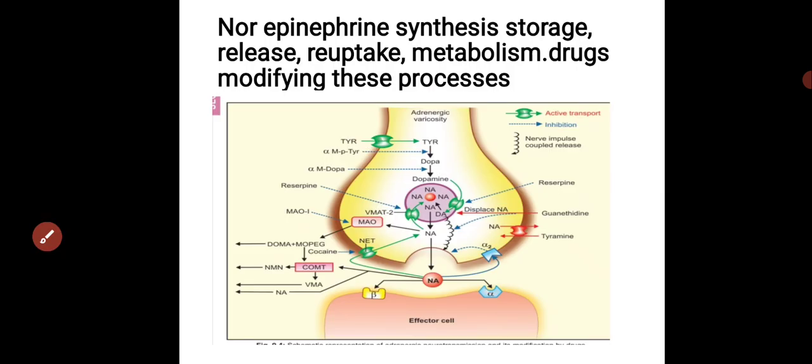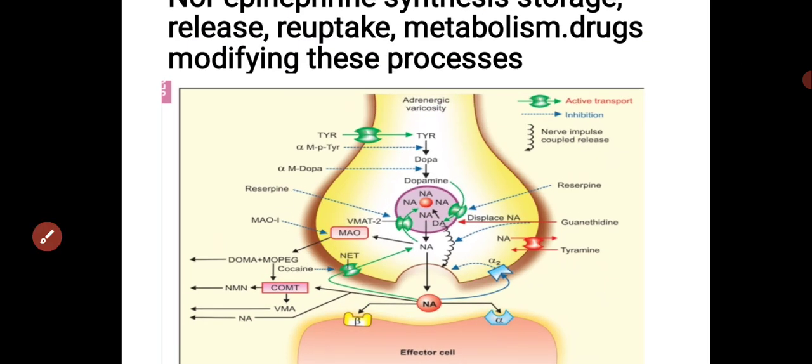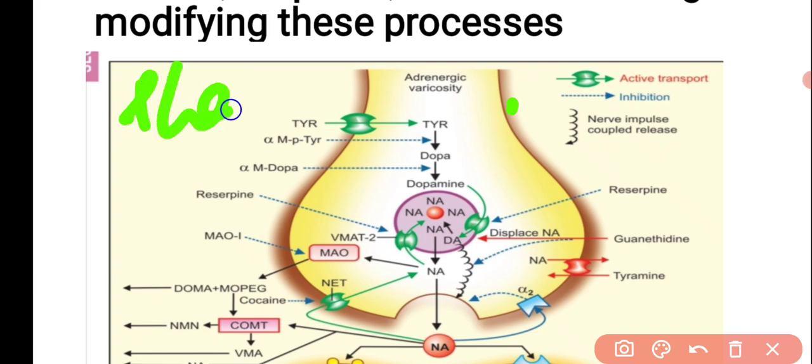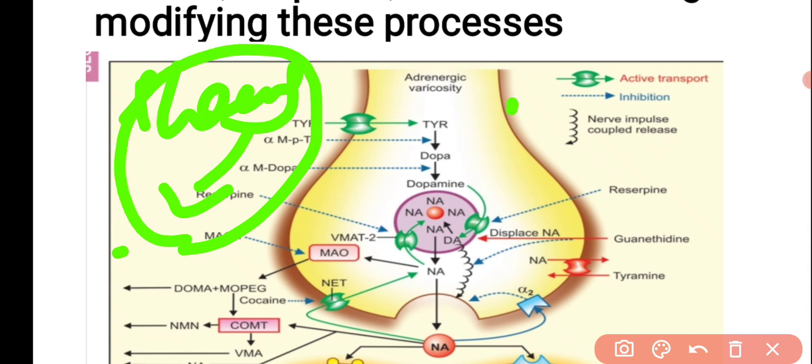Norepinephrine synthesis begins with phenylalanine, which acts as a precursor molecule. Phenylalanine is converted into tyrosine in the liver, not within the nerve endings, in the presence of phenylalanine hydroxylase.